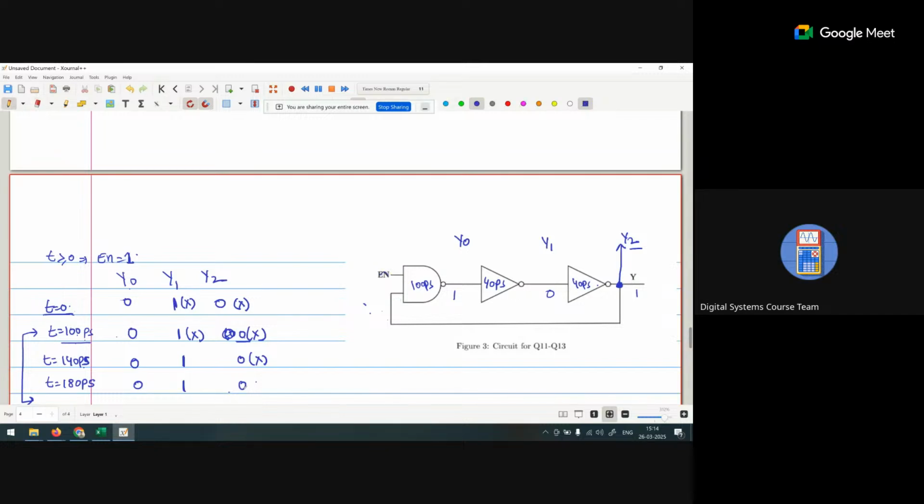Okay, initially enable is 0, no? So it is possible that 1 be applied here. At t less than 0, it is possible.